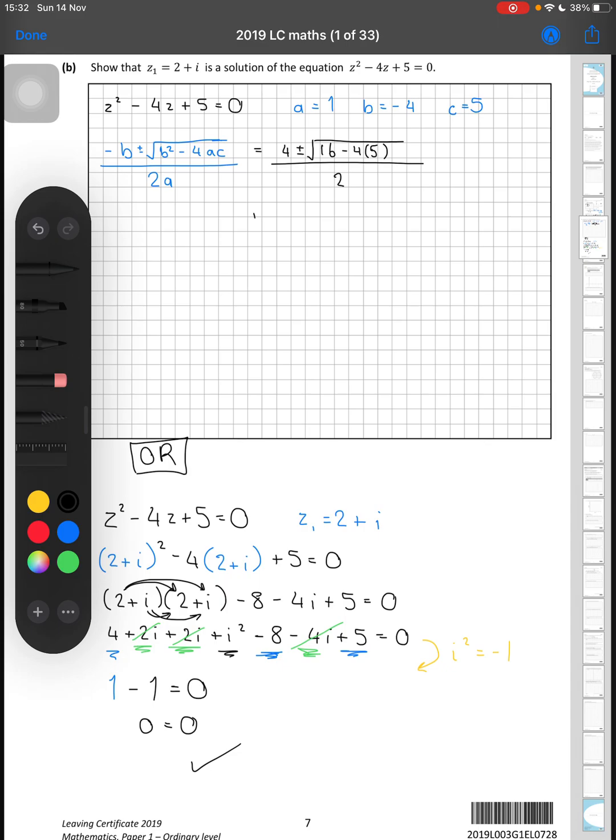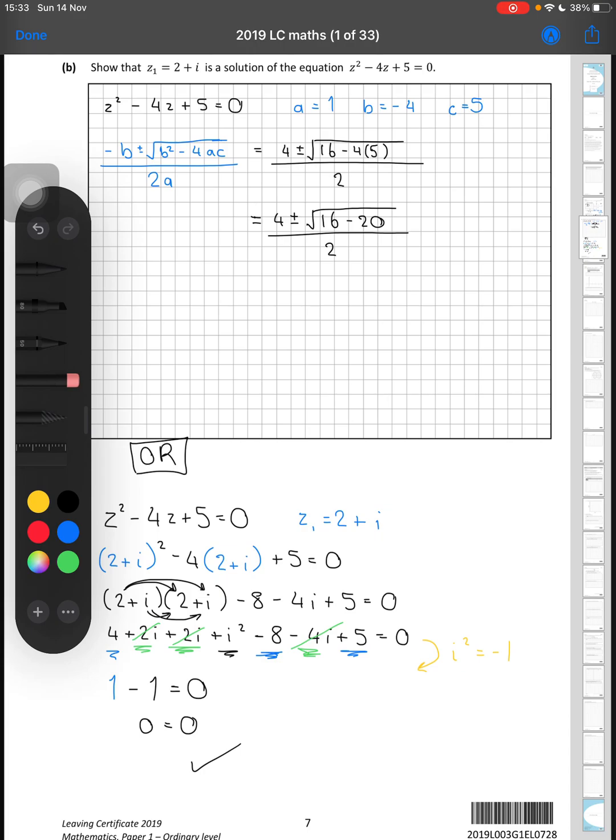Okay, so under my square root here, this is where we're running into the problem. This is where we spot complex numbers, because they have this imaginary part that we're about to see here. Under my square root here, I have 16 minus 20.